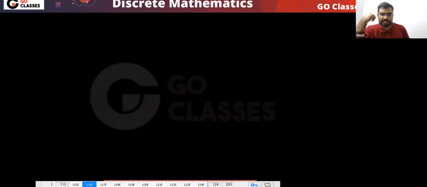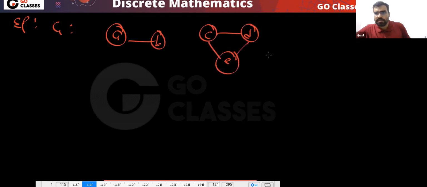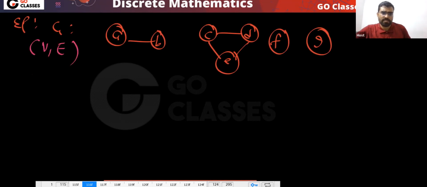Let's understand this with an example. For example, consider this graph: A, B, C, D, E, F, G. This is your graph. In this graph, you have vertices and edges.